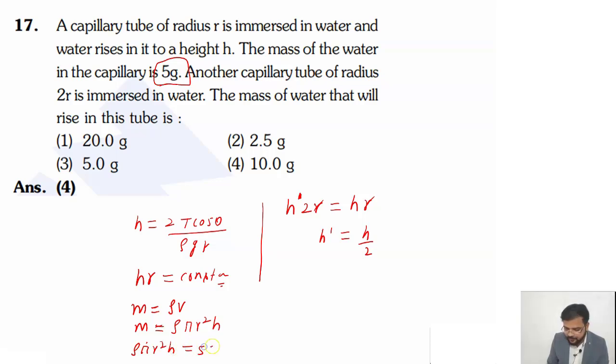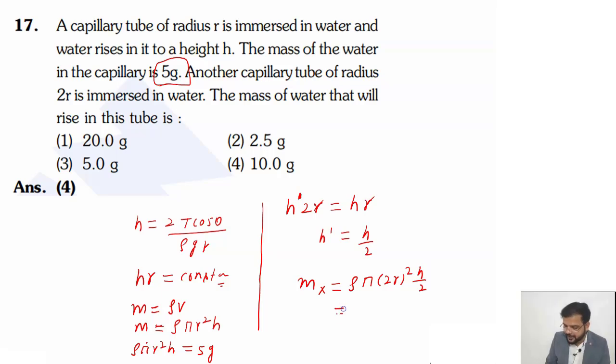In the second tube, let's suppose the mass is mx. Mx equals density into volume. The volume will change because the height is changing. So this is rho pi, the radius is 2r whole square, and the height is h by 2.